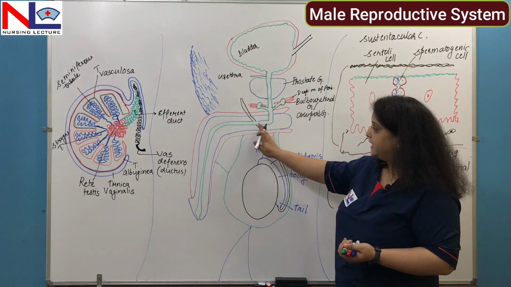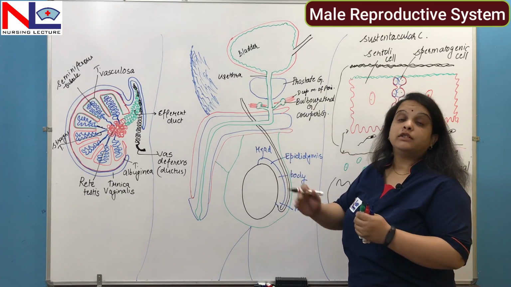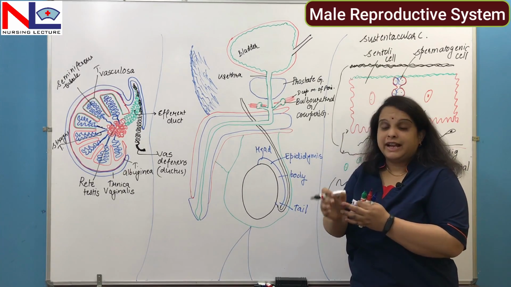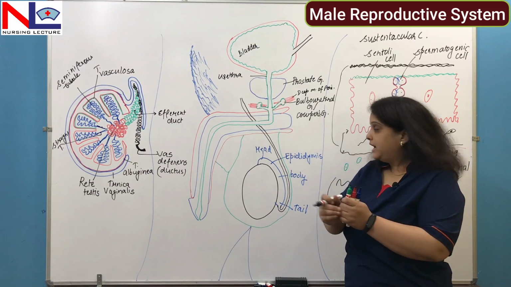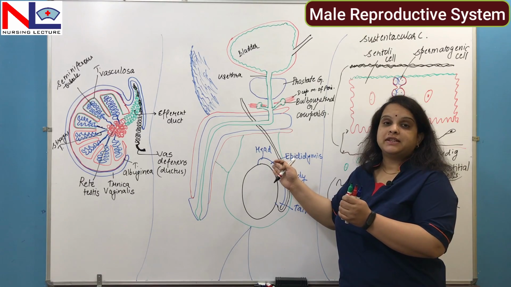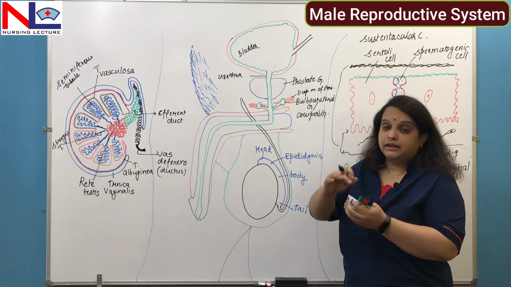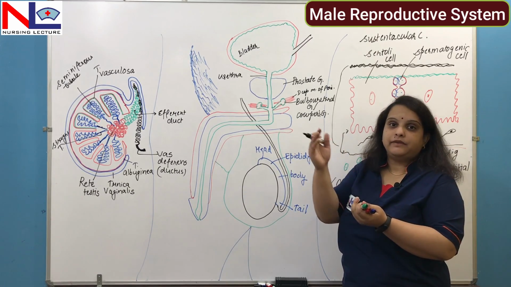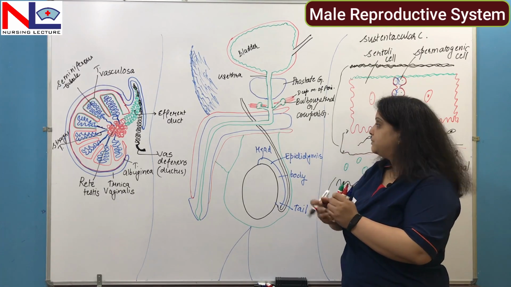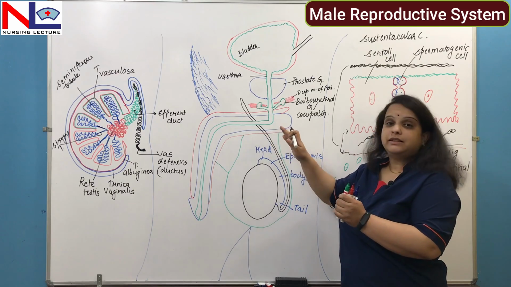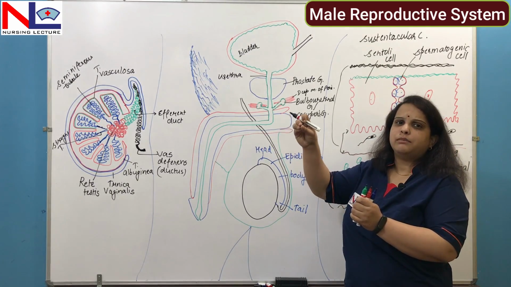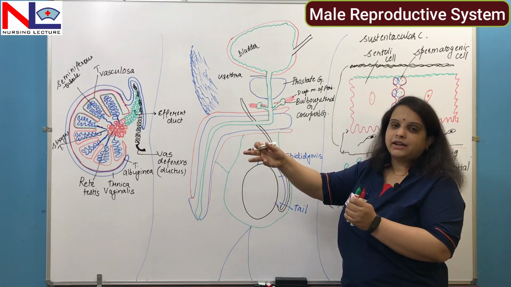Okay, so this is the vas deferens that ascends up, and when ascending, it runs along the spermatic cord. The spermatic cord is a cord-like structure that contains various other structures, like the vas deferens, the muscle that covers the testes that we discussed in the scrotum part, certain blood vessels, nerves, and lymphatic vessels.